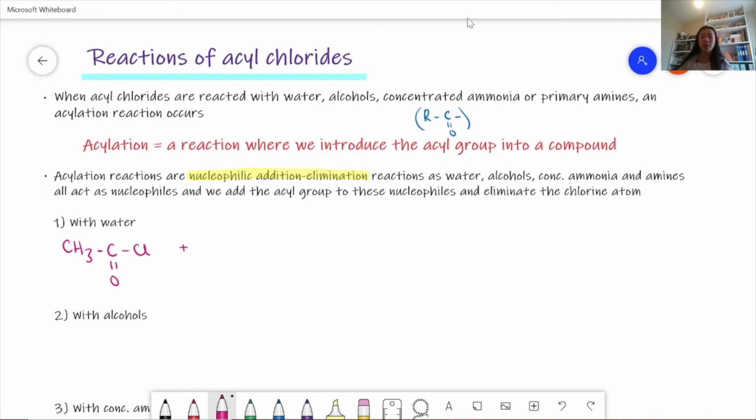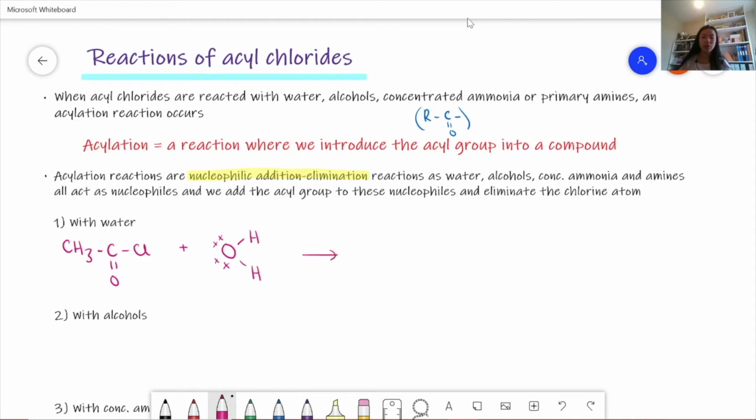And we're going to react it with water. So if I draw out a water molecule, we have an oxygen with 2 lone pairs of electrons and 2 hydrogens. And because the oxygen has 2 lone pairs of electrons, it acts as a nucleophile because a pair of these electrons can be donated to the carbon atom in this acyl chloride to form a covalent bond.